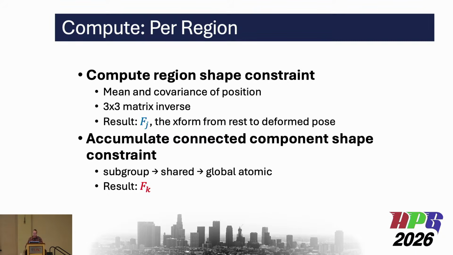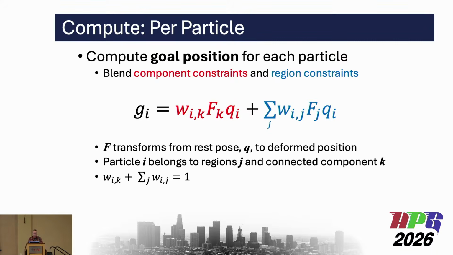At each substep, a compute shader computes the per region shape constraints and contributes to the per connected component shape constraints. This shader is mostly a sum reduction. Per particle, we compute the goal position in terms of region and connected component transforms, denoted by Fs here.